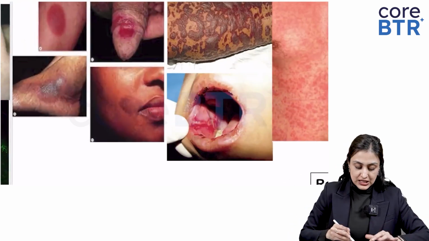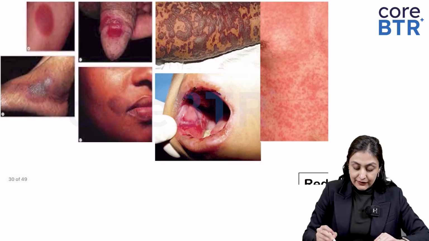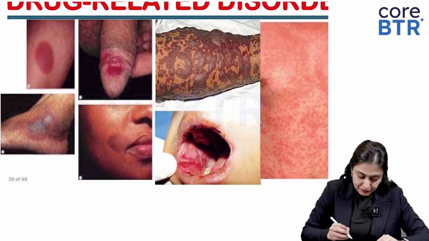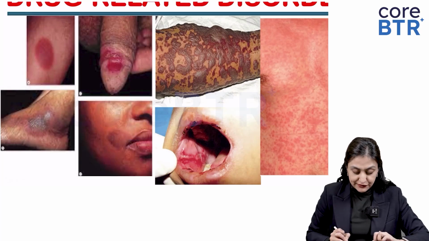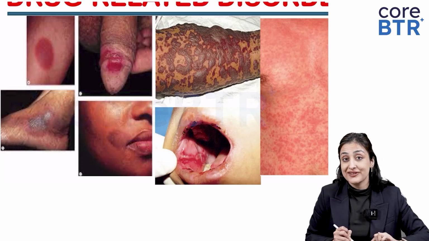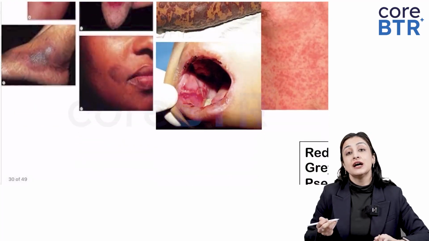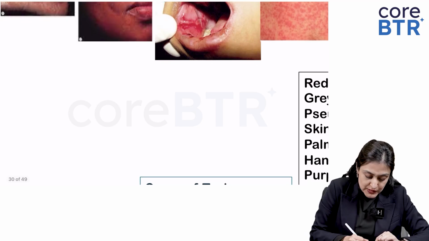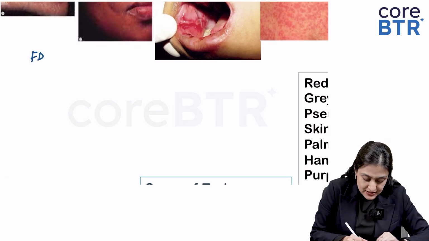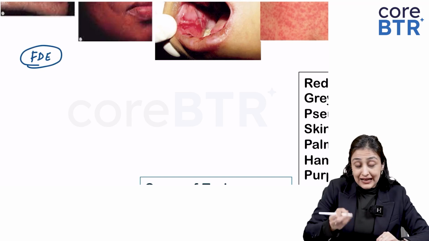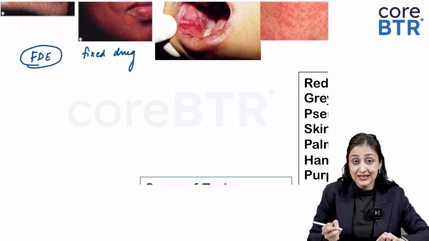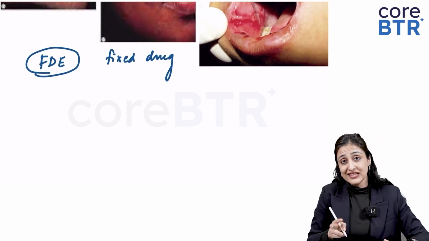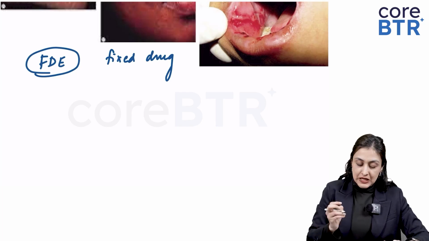Let's explore that. So this was asked in INI-CET November 2025. You can see that there are these lesions with this halo sort of a thing. Hyperpigmentation affects face, extremities, genitals. So this is where we have fixed drug eruption. The drug is fixed, the site is fixed. So they will say after taking the same drug, every time there's a lesion at the same site.